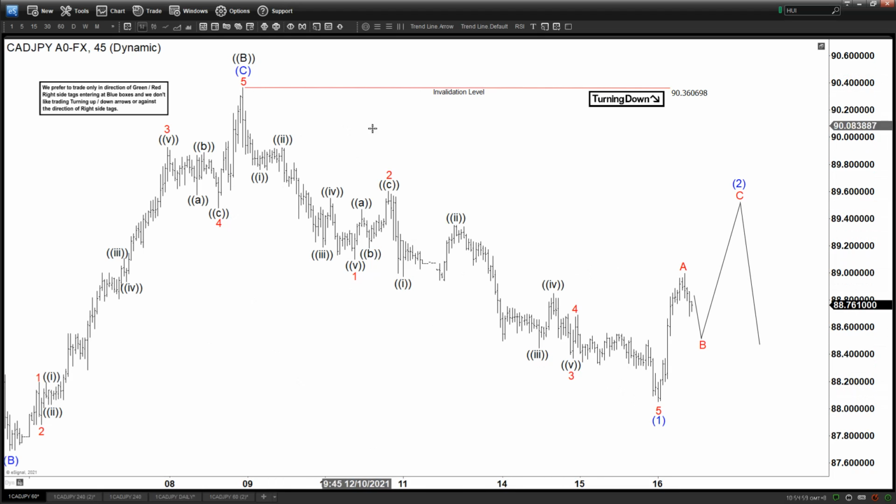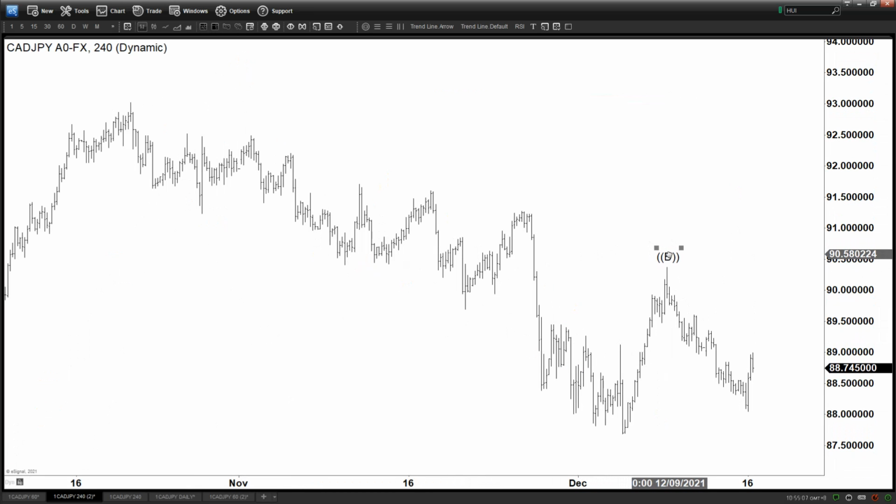If we look at the 4-hour chart, zooming out, let me put the position of the P here in the 4-hour right here, and then the A is right here, and then again we got an expanded flat there, like in the 1 hour we talked about before, in which this one is a B, this one is an A, and this one is a C. In the Canadian dollar yen case, we have not broken below this previous low, but US dollar CAD already broke above that previous high, and they are inversely correlated, right?